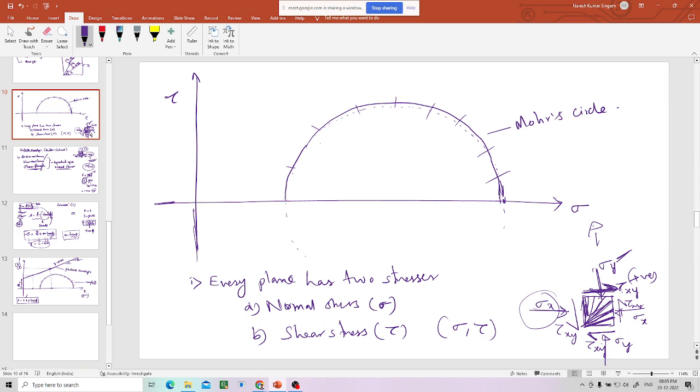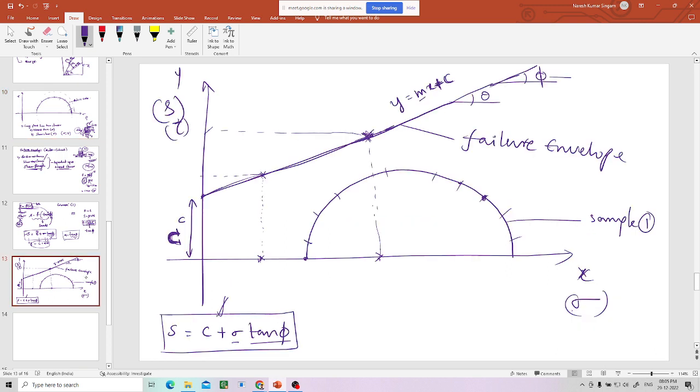Then you will get a new Mohr circle at every stage of application of the load. So all planes will show different stresses. At one point, this Mohr circle will reach the failure envelope. Only one point will reach, not all the points.